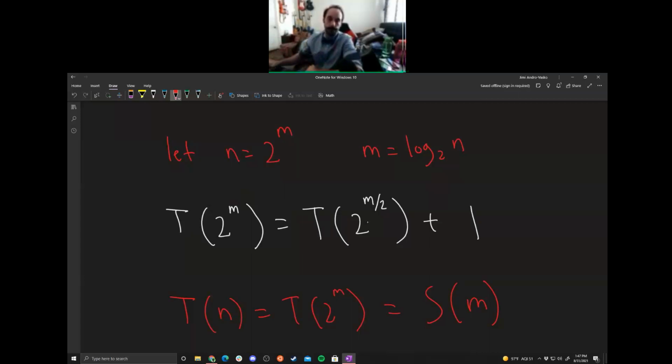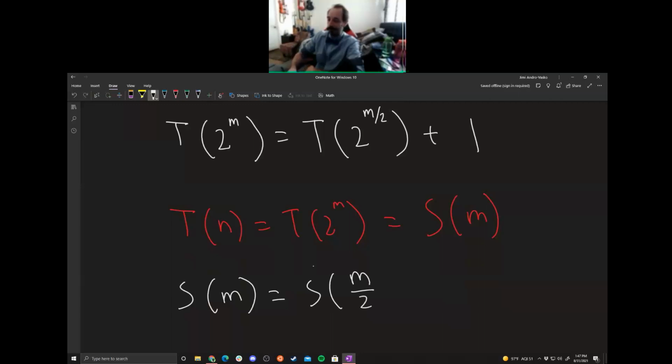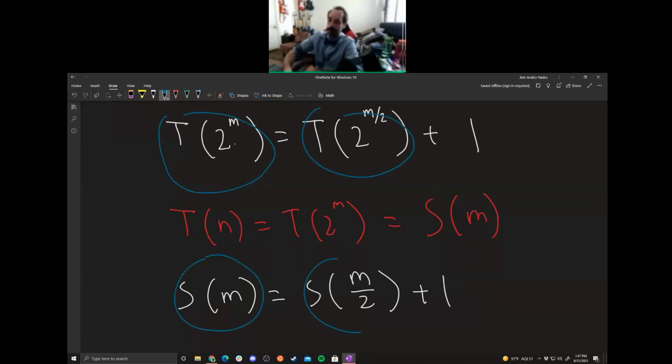We're going to do that substitution, and substitute this recurrence to give us S of m equals S of m over 2 plus 1. So we just replace these two function calls with these two. We just replace those, that's all. So same recurrence, but modified a little bit. We renamed them a little bit.